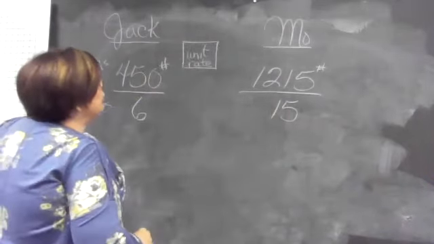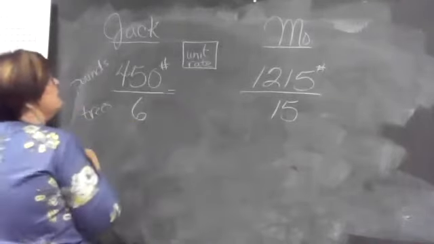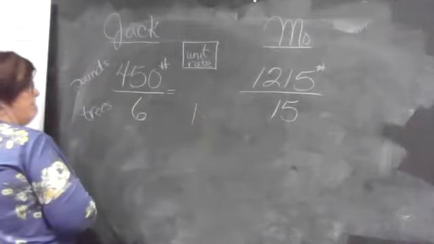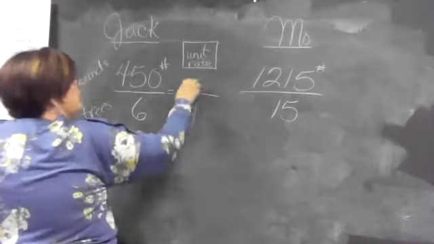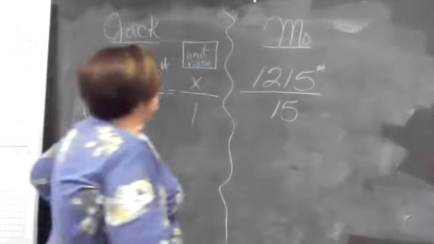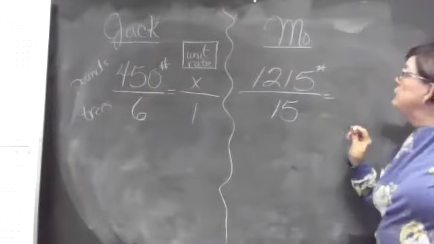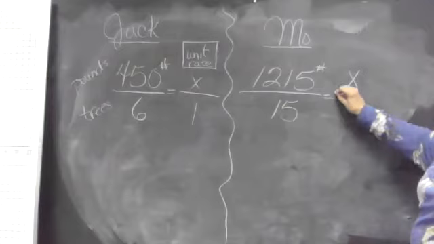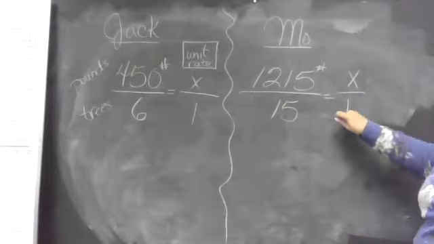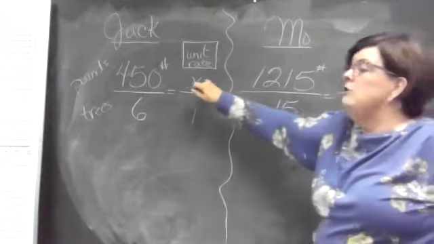That means per one tree. So we're going to set up a unit proportion, one tree, and find the answer for Jack. Then we're going to come over here and we want the same denominator, so we're going to find the unit rate for Mo. When we have one as the same denominator, it's much easier to compare our numbers on the top.